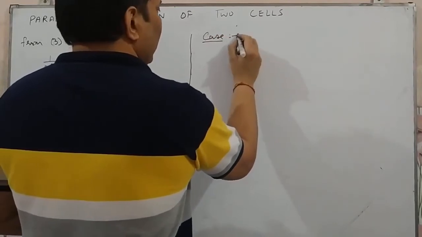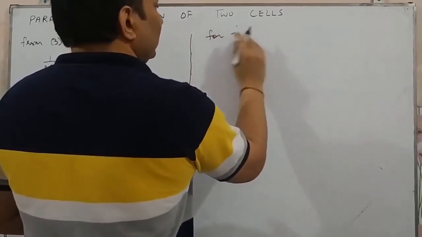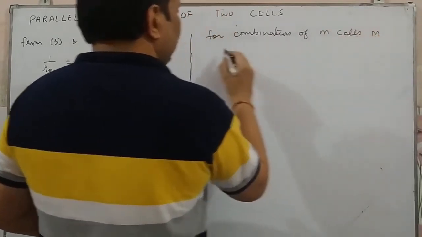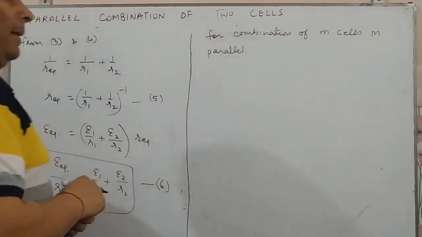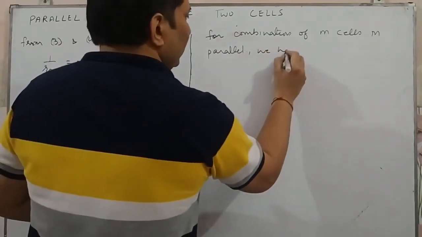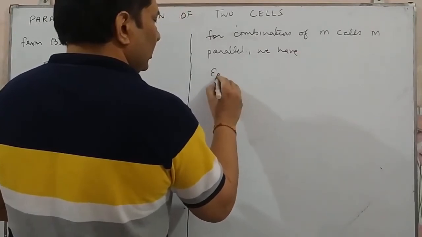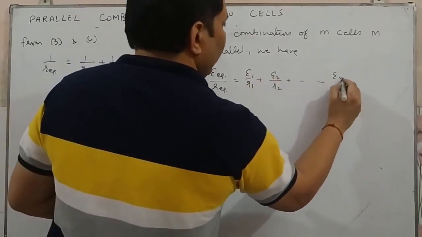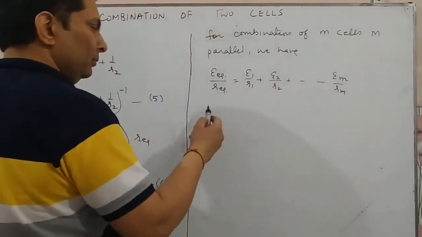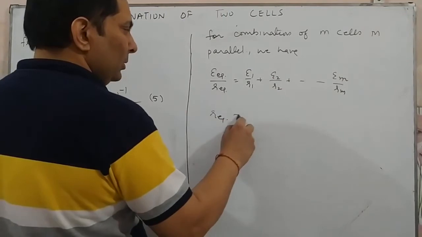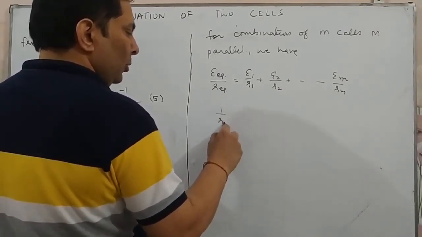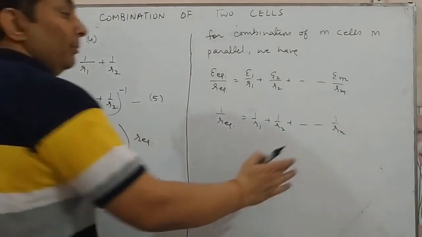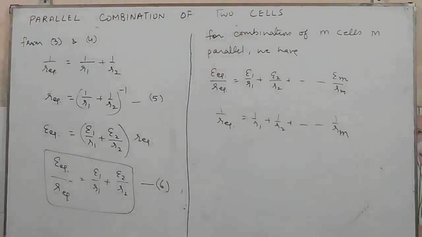Case 1: for a combination of m cells in parallel, we have E equivalent upon R equivalent is E1 upon R1 plus E2 upon R2 up to Em upon Rm. And 1 upon R equivalent is 1 upon R1 plus 1 upon R2 up to 1 upon Rm.